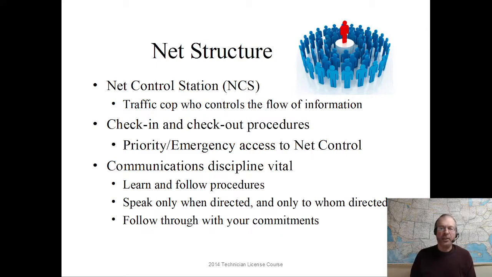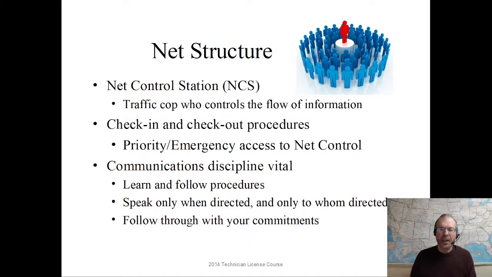So for each net there are check-in and check-out procedures. This depends on the structure of the net. There is a priority or emergency access to net control. So if something happens, it comes up, it's a real emergency, only you know about it. Let's say you're out spotting for Skywarn or something like that.